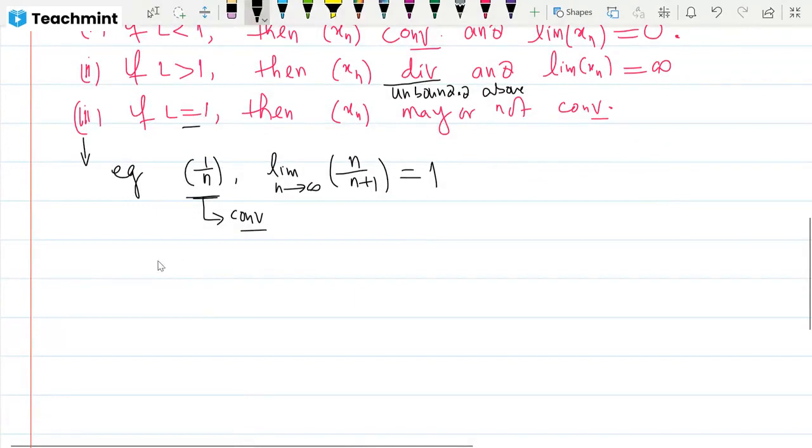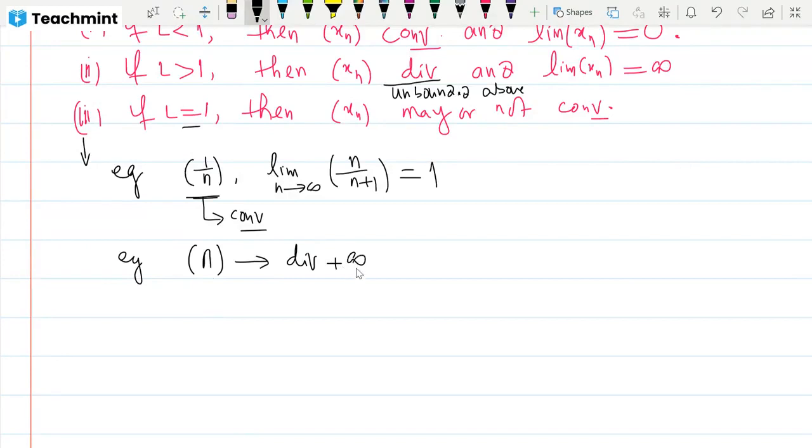So I am taking another example. This time I am taking xn equals n. We know this sequence diverges to plus infinity, right? Not a convergent sequence. But what is the L value?